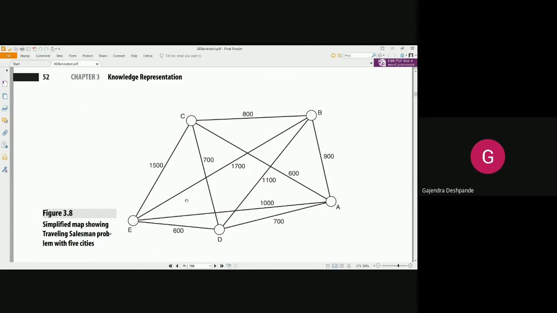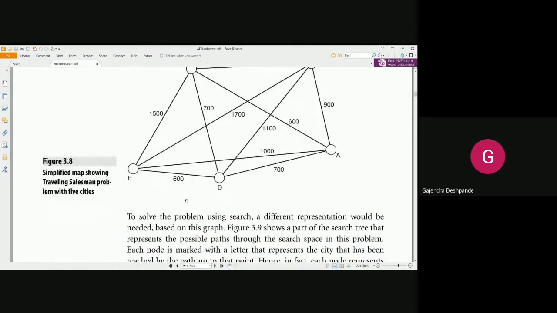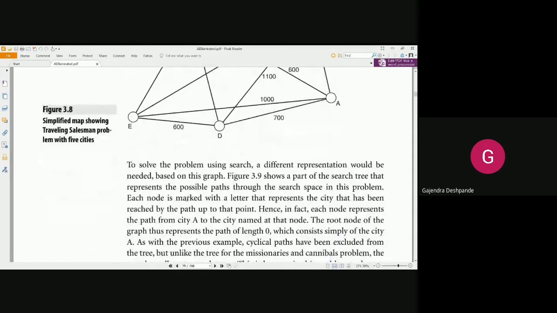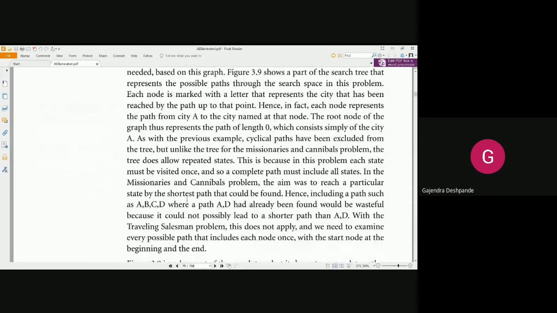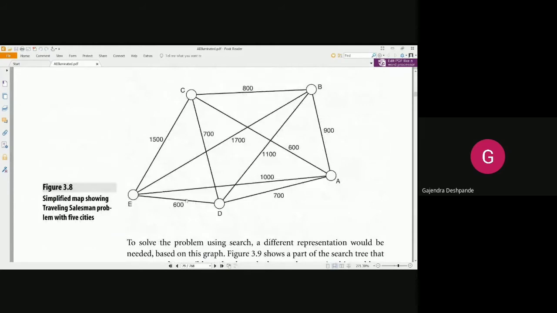We may have to find some other path to visit these cities and come back to A. In the algorithms lab, you might have represented this using an adjacency matrix and solved the problem. This is nothing but the shortest path problem.